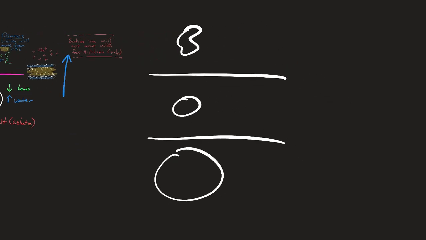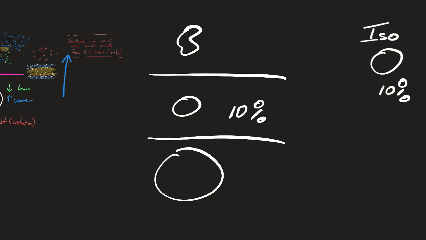Then they'll give you an experiment where they'll say, here's this one, and this one's in a 10% solution. What are the percents of each of these? Well, if this is a 10% solution, natural, this is blood, whatever, then you'd have to say that this one is isotonic.